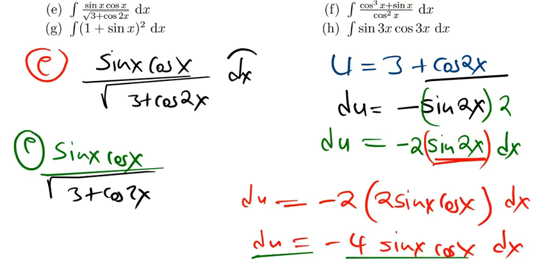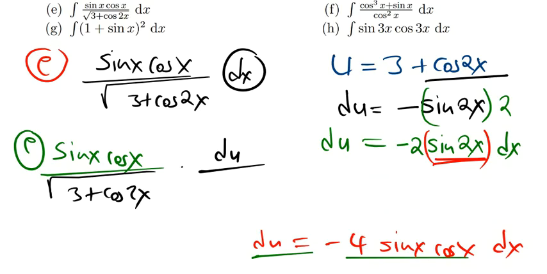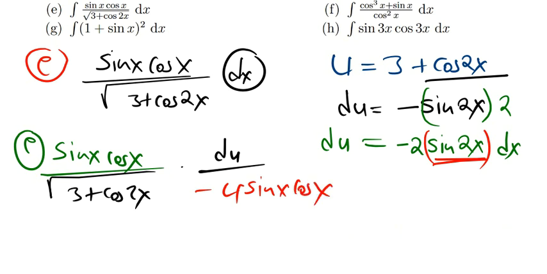Now this part we'll put du over negative 4 sine of x cosine of x. Remember what is under the square root there, we said it's going to be equal to u, right? From there.